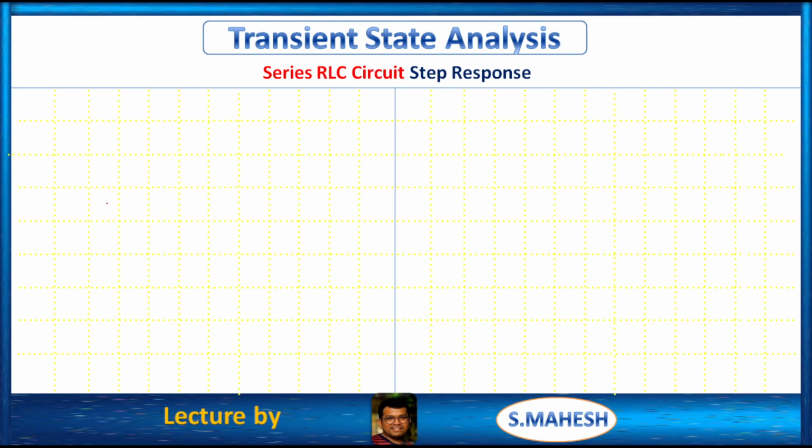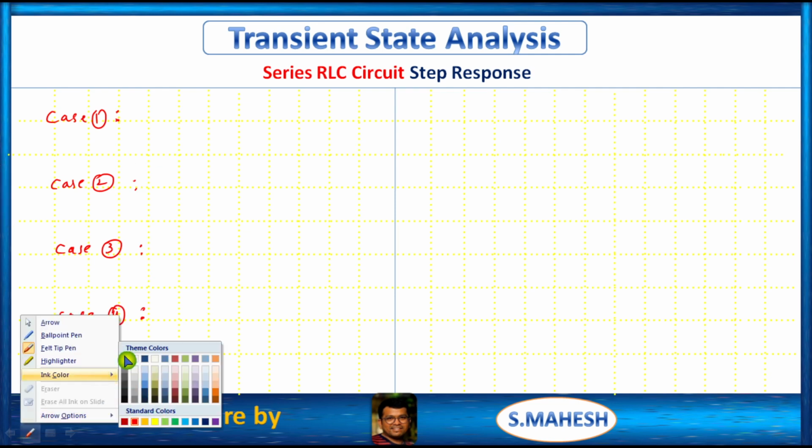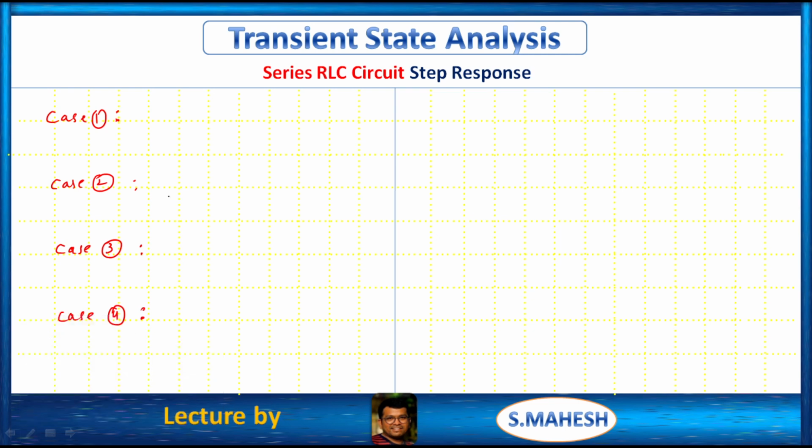Now we have to discuss different cases: case 1, case 2, case 3, case 4. First I would like to discuss zeta greater than 1.